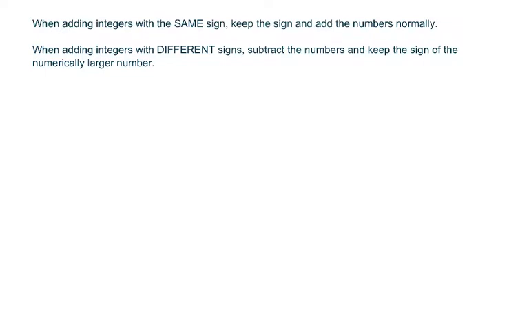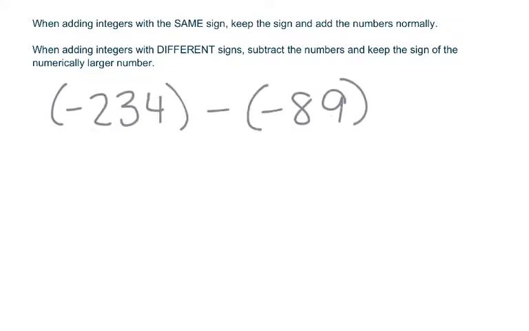Number 9 says negative 234 minus a negative 89 minus 125. Okay, your first step is to change the subtraction signs. Don't touch this negative. This is a negative. These are subtraction.